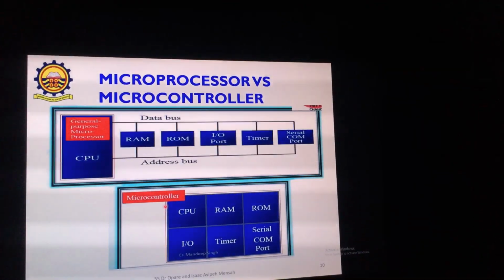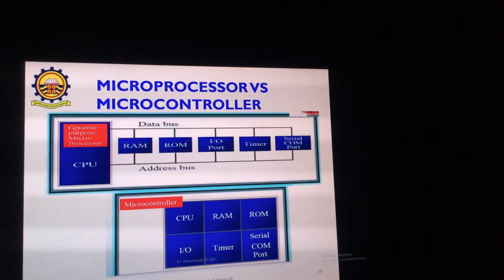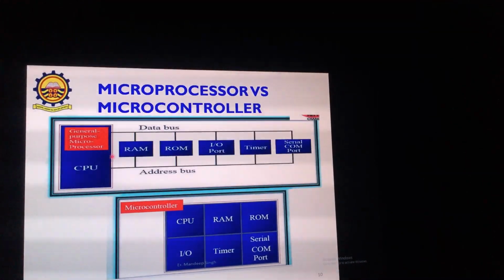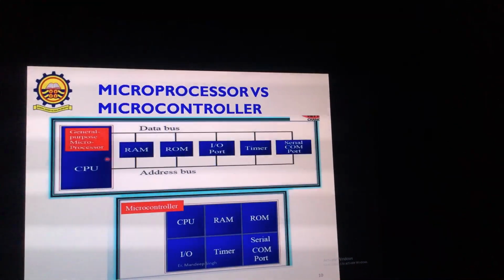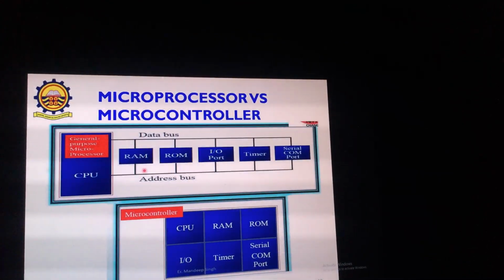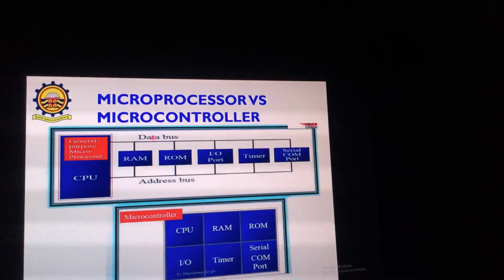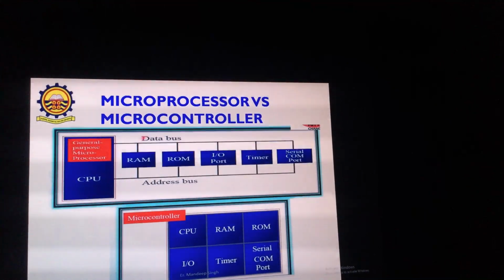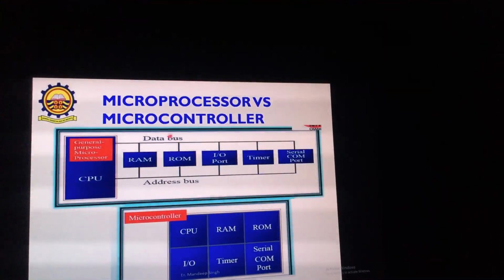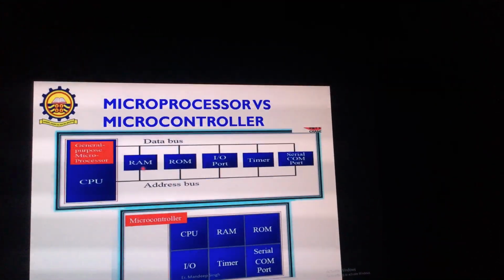Assuming we have this as our microprocessor and then this as our microcontroller, the microprocessor has the CPU, the RAM, which comprises the data bus and the address buses.